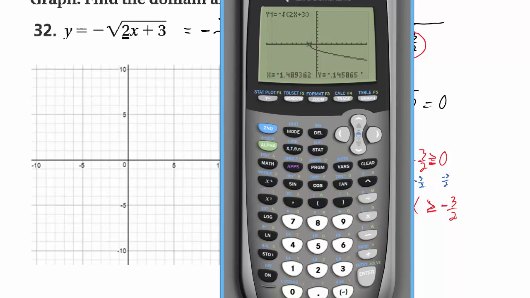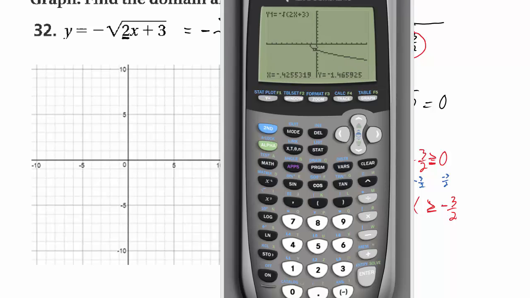Well, when we take the principal square root of something, it outputs a positive, but this negative makes it output a negative instead. So instead of your range being 0 to infinity, it's actually 0 to negative infinity. So instead of all numbers bigger than 0, the range in this case is all numbers less than 0.